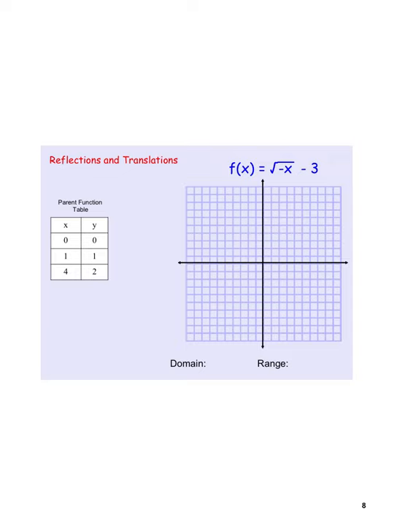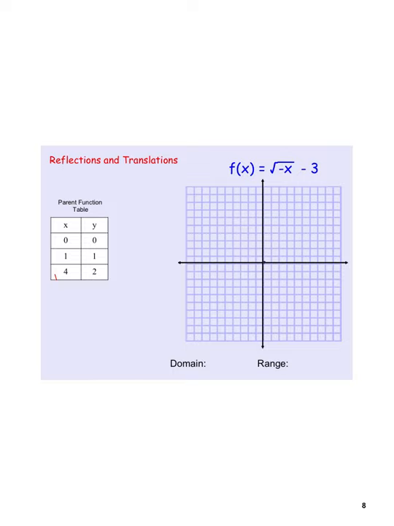So, another reflection. Again, here's the parent function with the table of 0, 0, 1, 1, 4, 2 right here. What we're going to do now is change this table so that we can see the original and the new one.